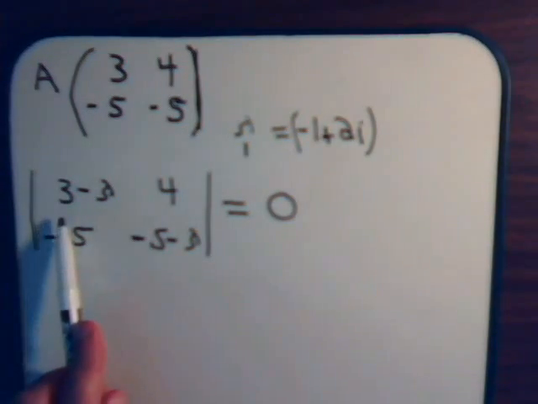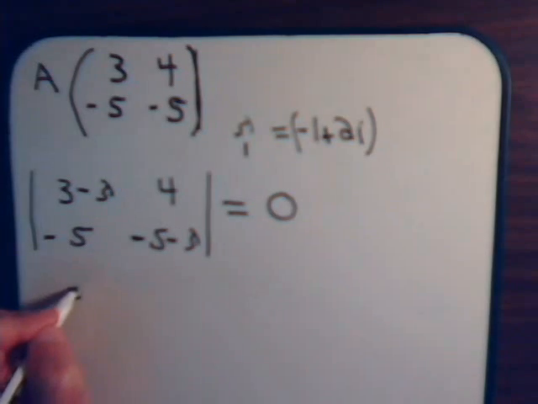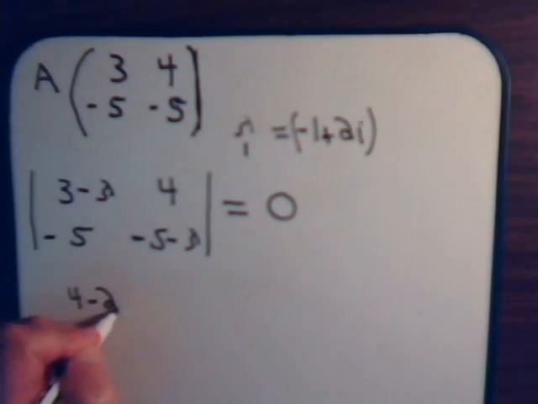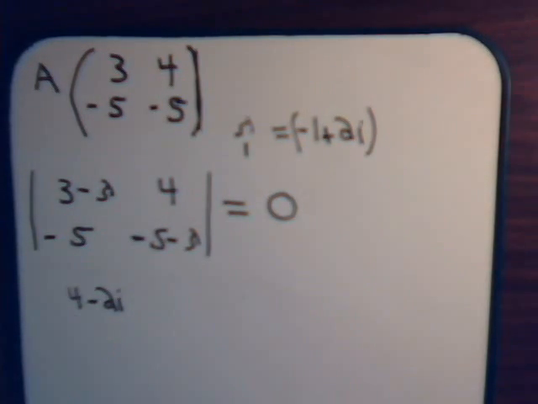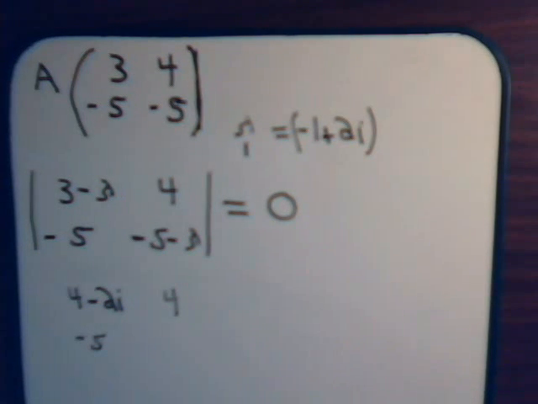So I have here 3 minus lambda. So we have 3 minus negative 1, that's 4, minus 2i. Then here we have minus 5. Here we have 4.